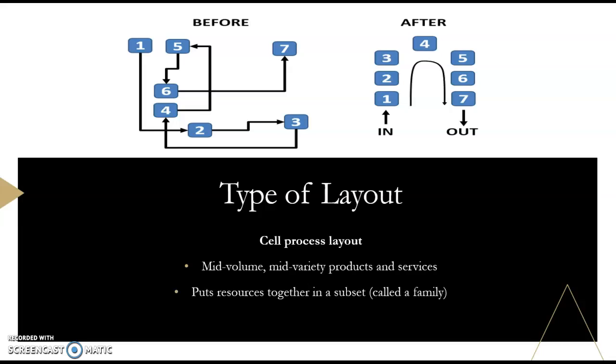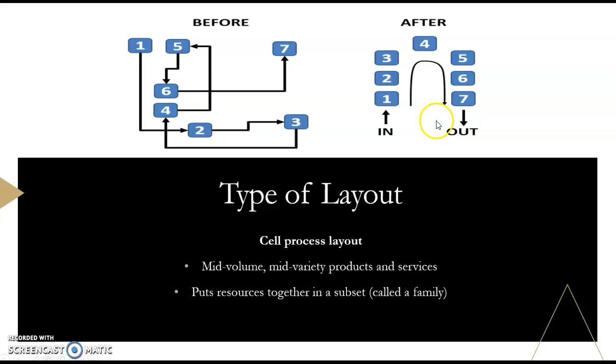So for a distribution center, I think the best type of layout of the four, I believe it was, is the cell process layout. So this picture above kind of shows an operations flow that obviously is all over the board and isn't very efficient.